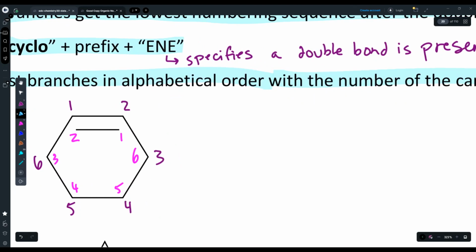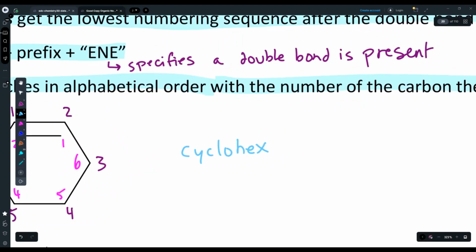So because it's a cyclic compound, I have to start with the word cyclo. Because there's 6 carbons in the ring, I'm going to use the prefix hex to mean 6 carbons. And then because there's that double bond, I need to write ene.